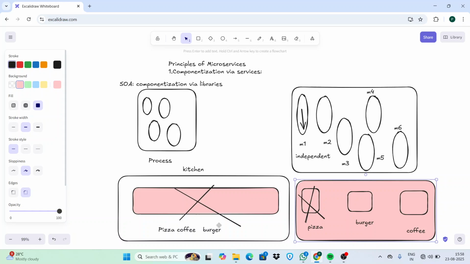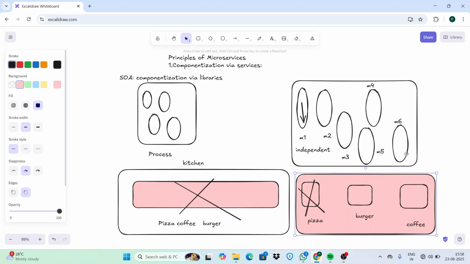So in short, in microservices, the big program is divided into a number of components, which are services, independent services, separate services, which we can develop, deploy, update or scale independently without affecting the other services. So this is the concept of componentization via services.